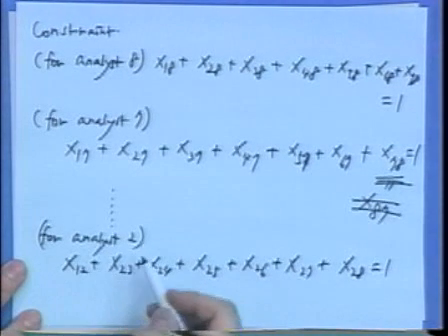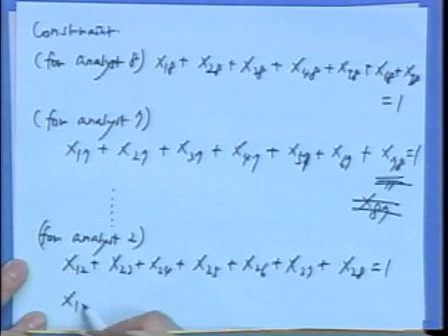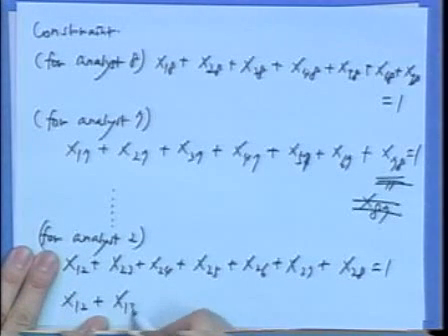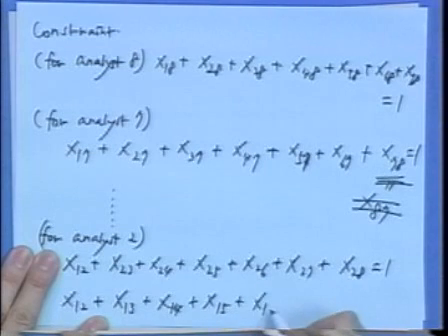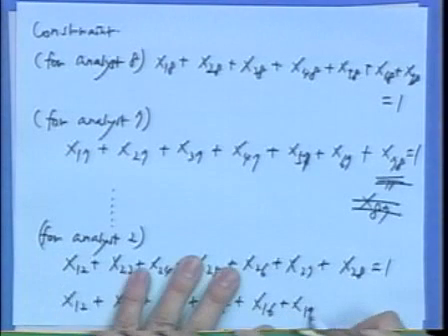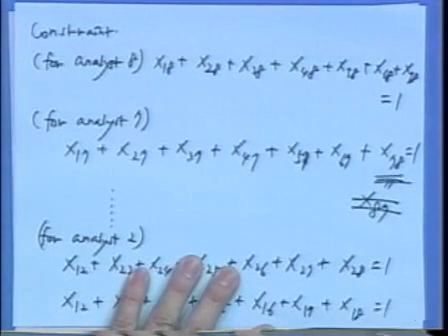Likewise, for analyst number 1, it's going to be x12, x13, x14, x15, x16, x17, and x18 equals 1, right?